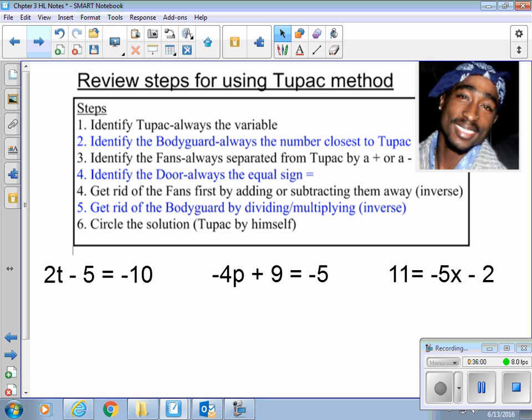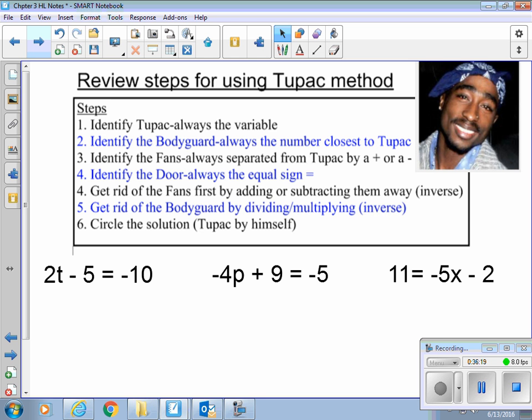So we're always going to get rid of our fans first. We're going to do that by adding or subtracting to get them away using those inverse operations. Then we're going to get rid of our bodyguard, which would be the multiplication or division piece, and we're going to use their inverse operations. And then we're going to get Tupac all by himself. We're going to get that variable.